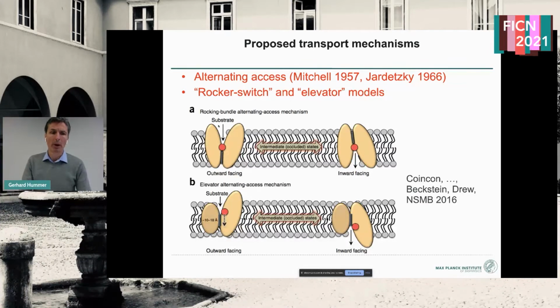On the top, you have a rocker switch type mechanism where two domains toggle about a common center, and in that way change access. And in the bottom, you have another model where one of the domains moves up and down in an elevator-like fashion, and that way carries the substrate from one side of the membrane to the other by sliding it past a sealed gate at the center.